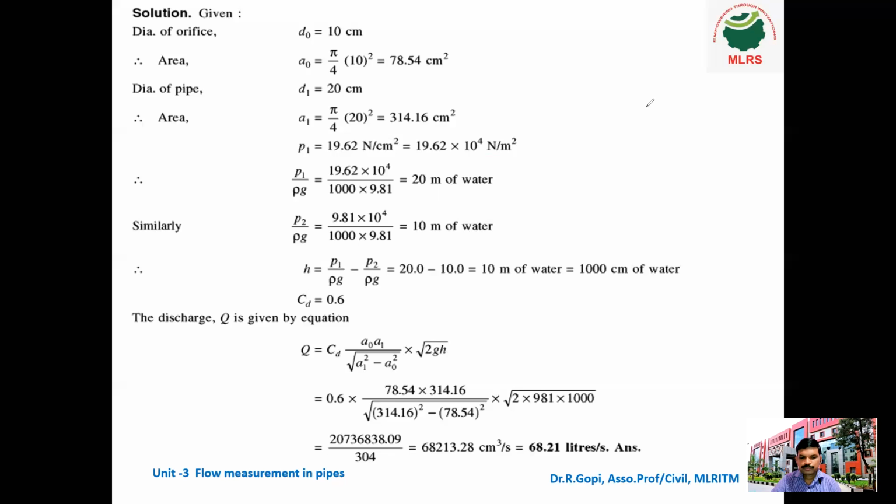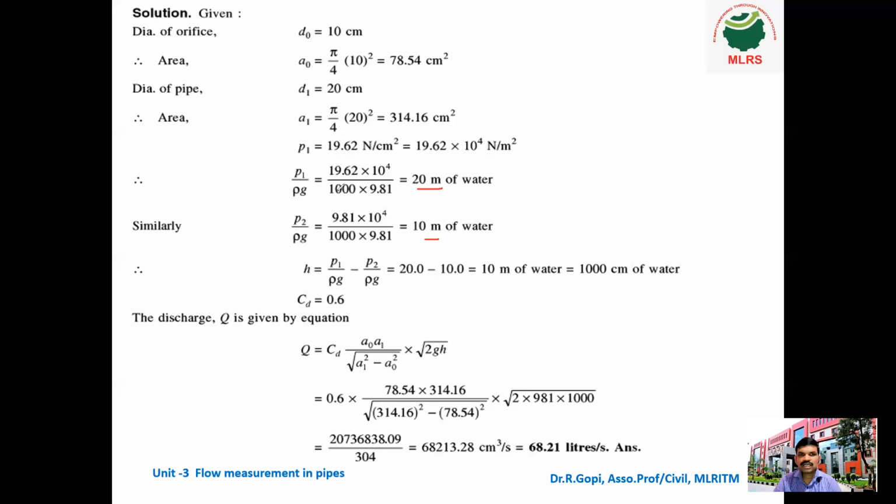If pressure head is given, not pressure, you can directly substitute H is equal to P1 by rho G minus P2 by rho G. If only pressure is given, first you have to find the pressure head, P1 by rho G and P2 by rho G. Rho is 1000 if the liquid is water, and G is 9.81, we already know.